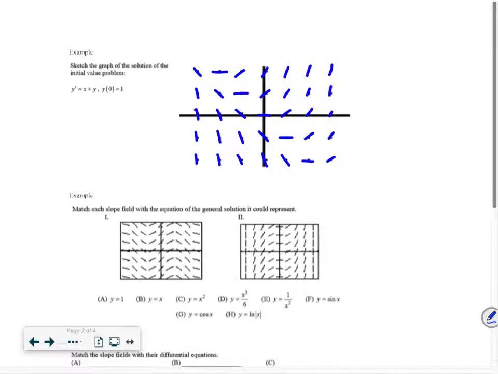So when we pick the initial condition (0, 1), we know that at (0, 1) it's going to have a slope of positive 1. It's probably not going to encounter any of those other tangent lines we have drawn up there, but we know that the wind's going to blow it in a certain way.